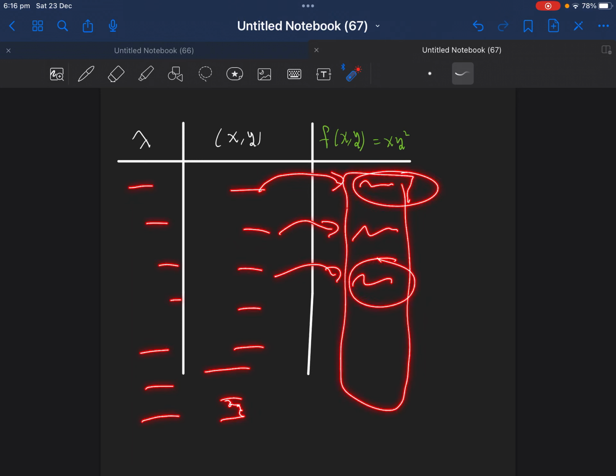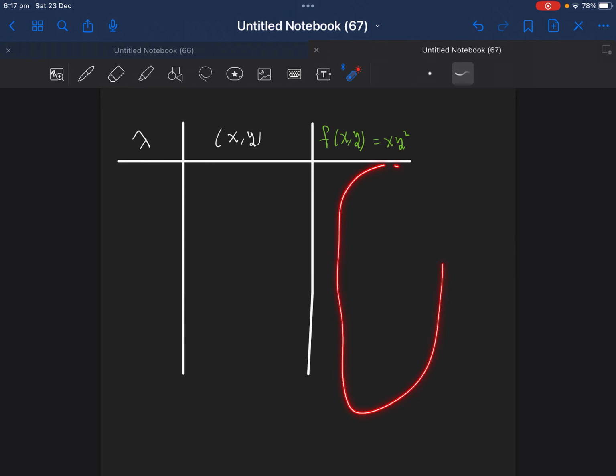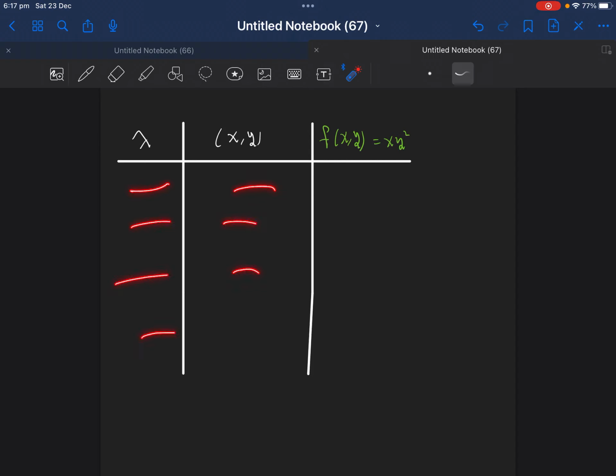The maximum number in this table will be the maximum value for the function subject to this constraint, and the minimum value will be the minimum value for the function f of x, y subject to this constraint. So the maximum and minimum will appear after we fill up this table. And remember, we need to fill this table fully, completely with all possibilities.